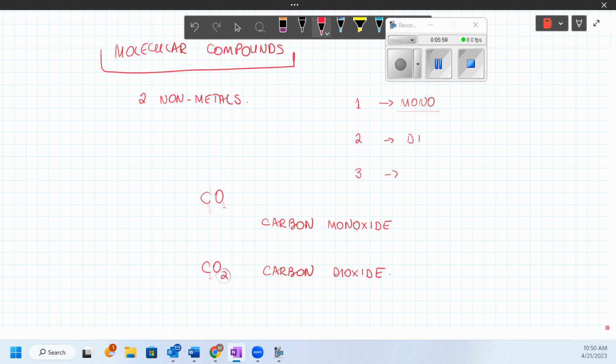The naming of the molecular compound uses the table, which, as I said, is posted on D2L. You can refer to it, and you have to remember from 1 to 10.